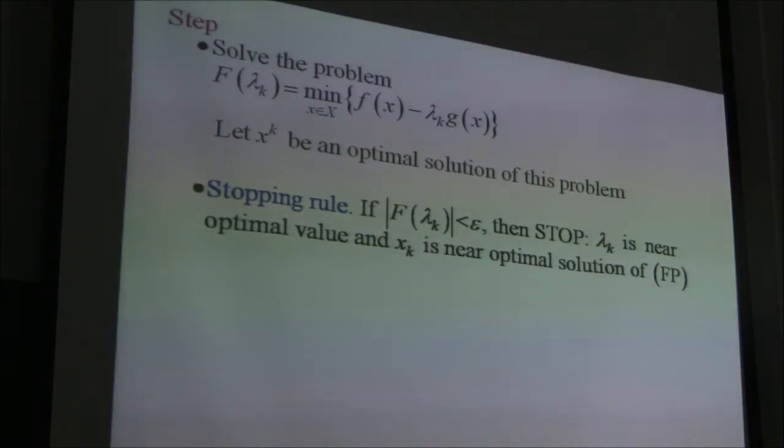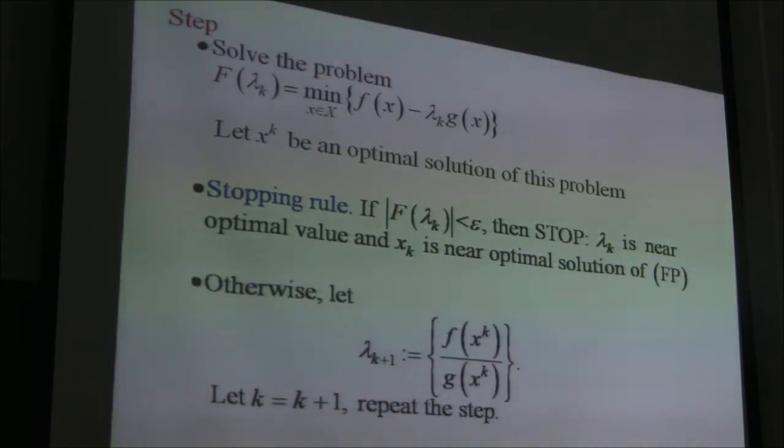And lambda k is close to the optimal value, and xk is close to an optimal solution. Otherwise, we use the idea of the Newton procedure, and we get the value of lambda k plus 1, and then you repeat the process. So this is a very easy to implement procedure.